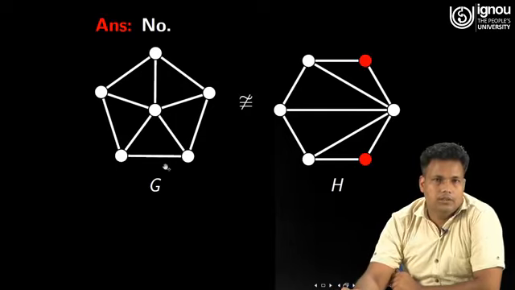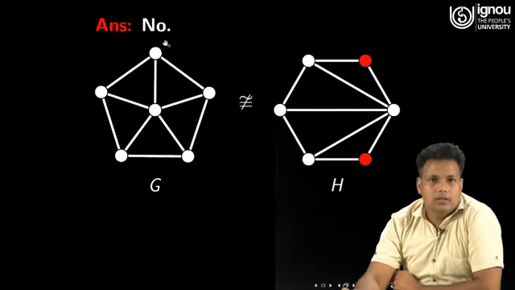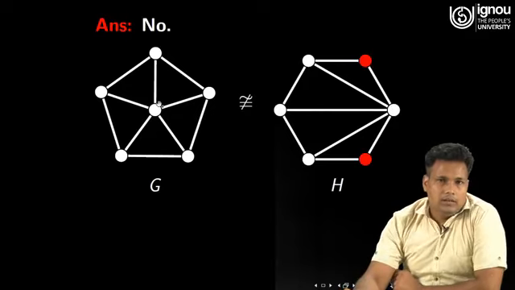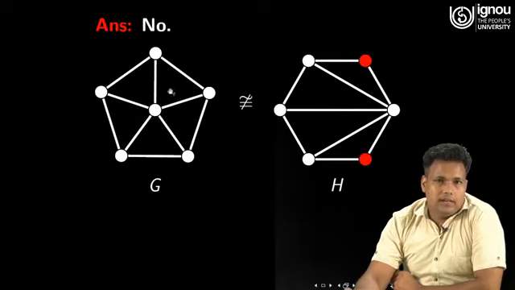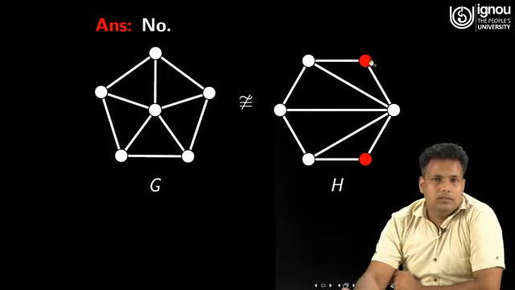Just look at the graphs G and H. Both have the same order. The 6 vertices are there in G, and the same 6 vertices are also there in H. They have the same maximum degree. The maximum degree of G is 5 and the maximum degree of H is also 5, right? But you can see that there is no vertex of degree 2 here, and there are 2 vertices of degree 2 here.